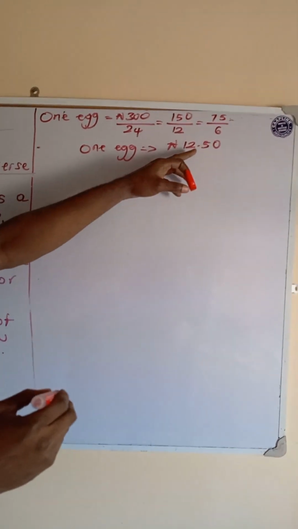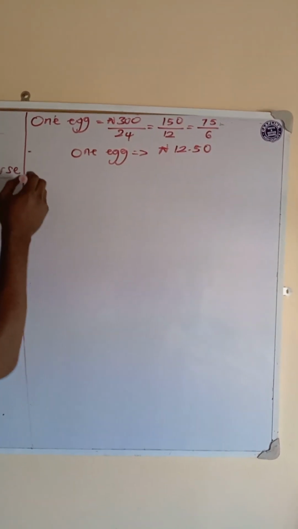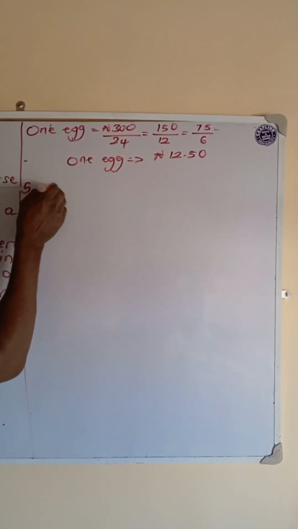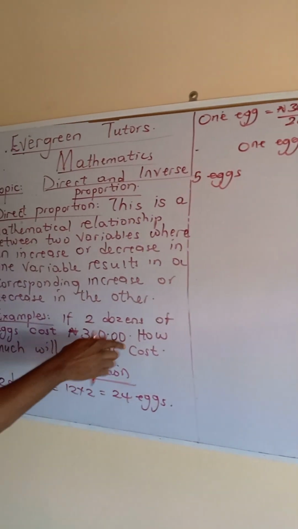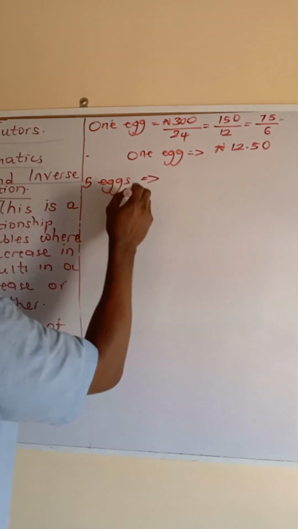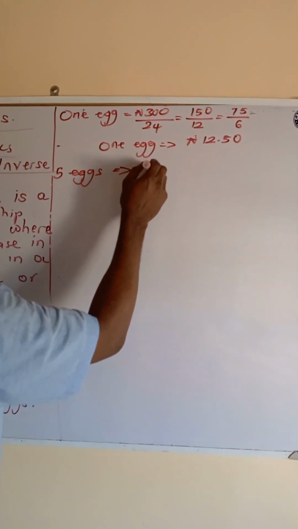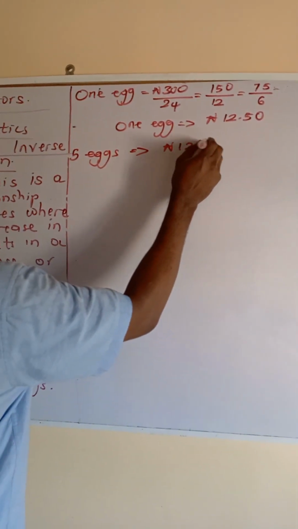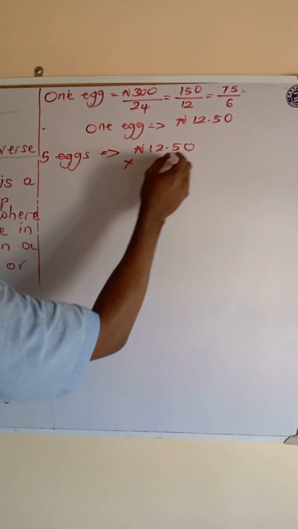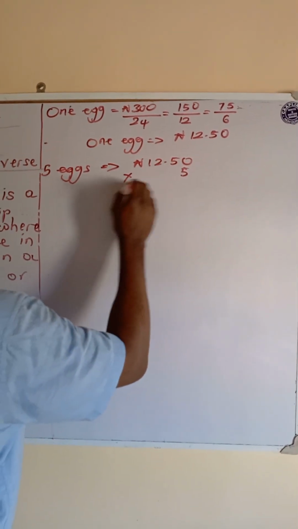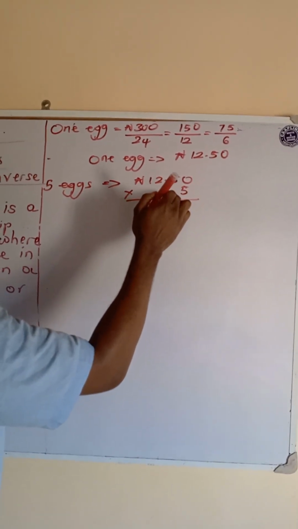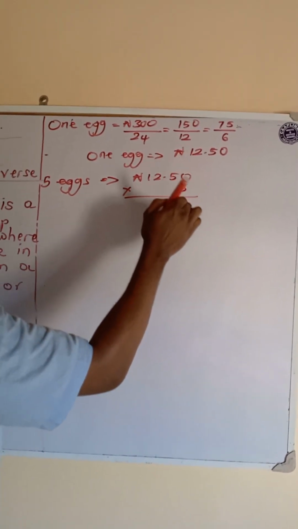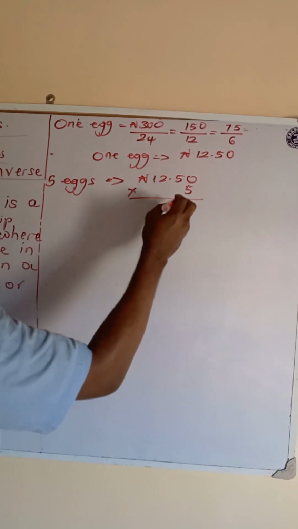If 1 egg is costing 12 naira 50 kobo, 5 eggs, because the question says how much will 5 eggs cost? 5 eggs will cost 12 naira 50 kobo multiplied by 5. 5 multiplied by 0 is 0. 5 multiplied by 0, 0. 5 multiplied by 5, 25.